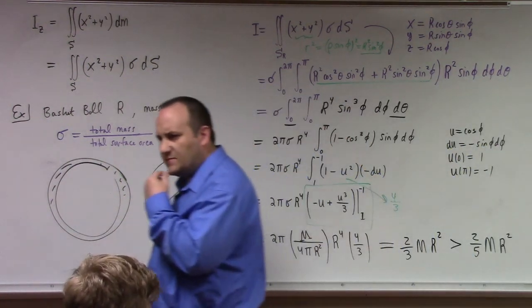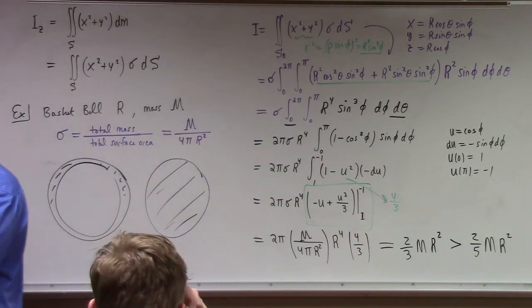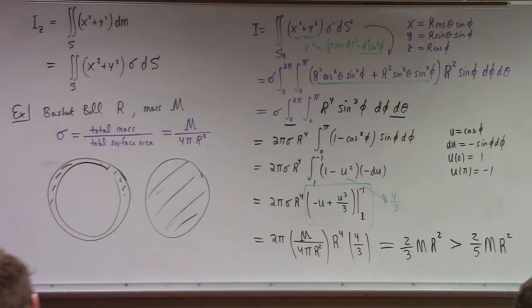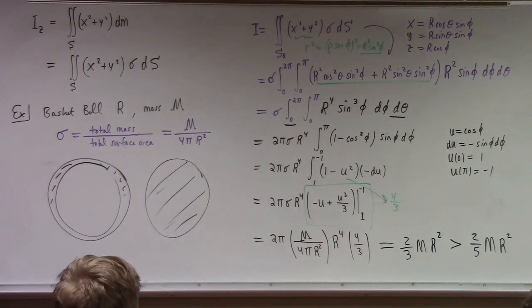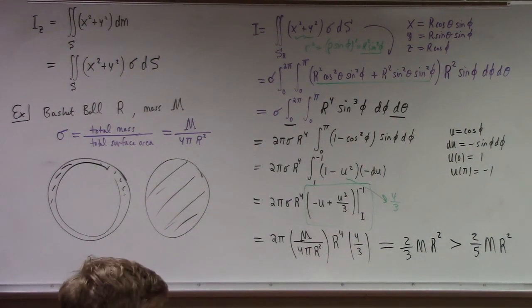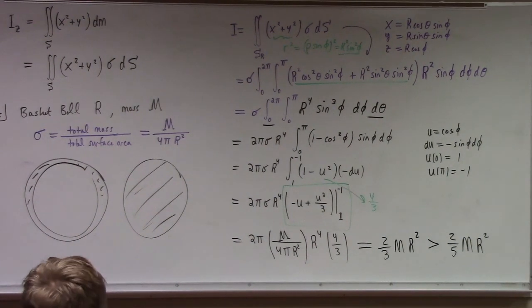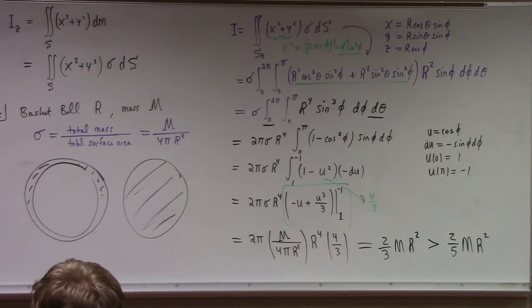Was it 2/5, wasn't it? Was it 3/5? 2/5? Did we do it yesterday? No. It was a while ago. It was when we were doing triple integrals, around when I introduced spherical coordinates.